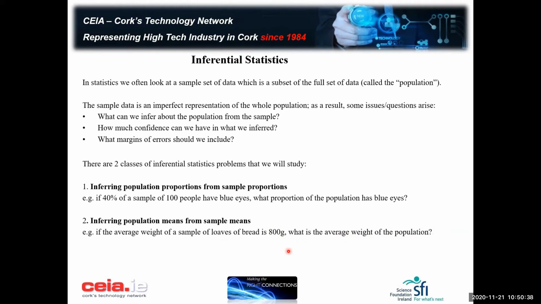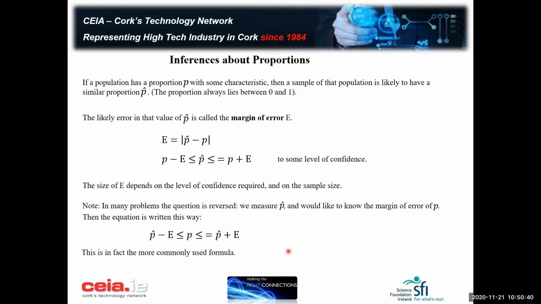So let's talk a little bit more about that. First of all, the proportions. You can talk about a population having a proportion, which we label P, that have some characteristic. Now, if you take a sample of that population, you're probably going to get a similar proportion in the sample that have that same characteristic.